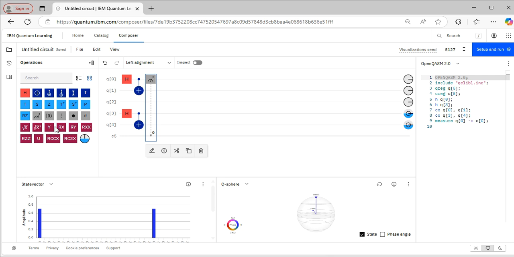We're going to put a measurement here. And the reason why is because, well, you have a Hadamard gate here on this line here, and you have a Hadamard gate here.